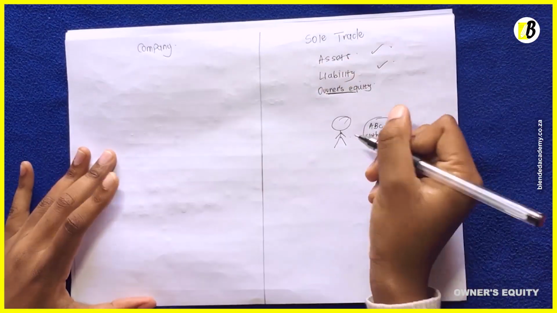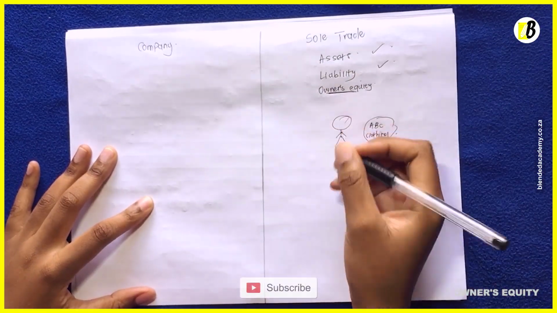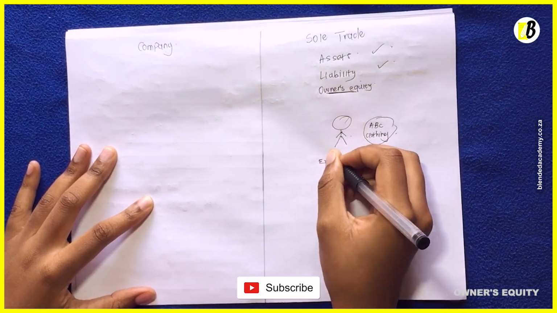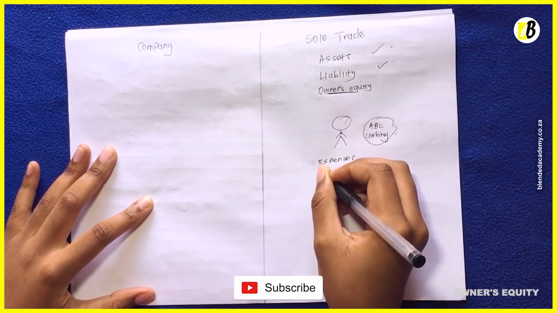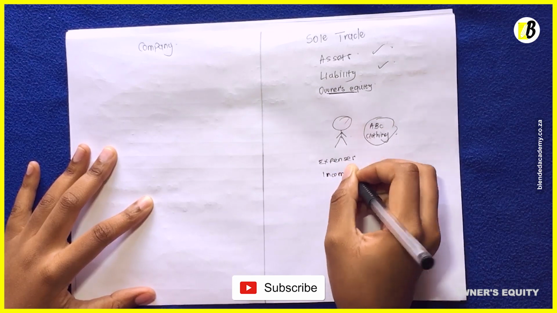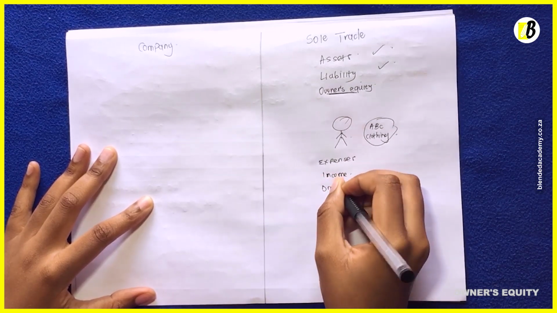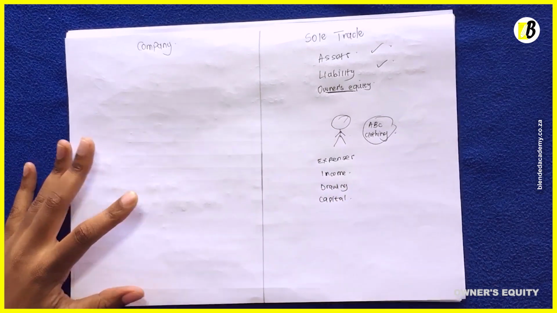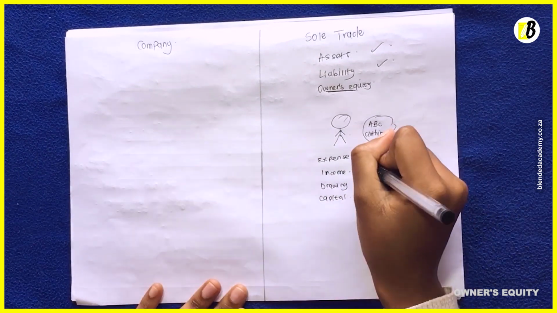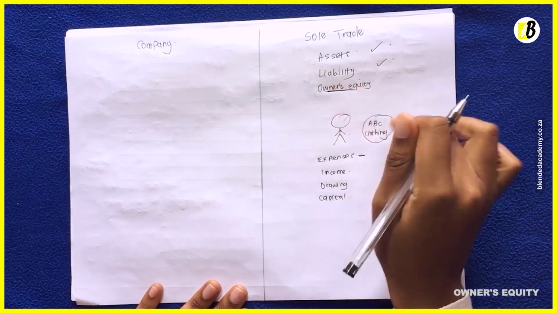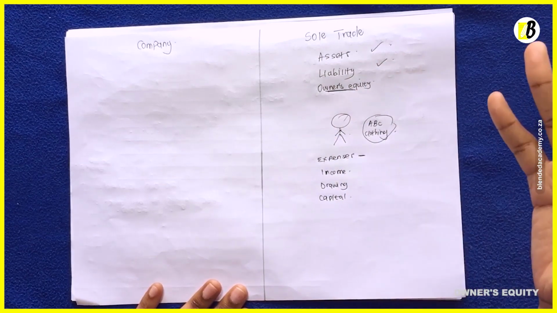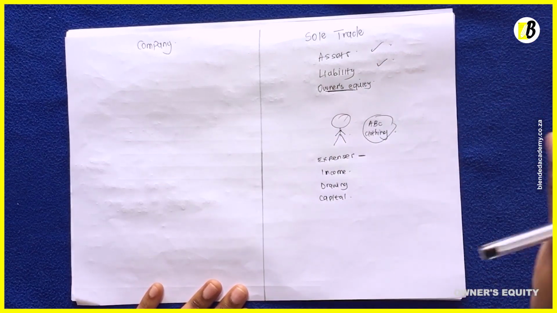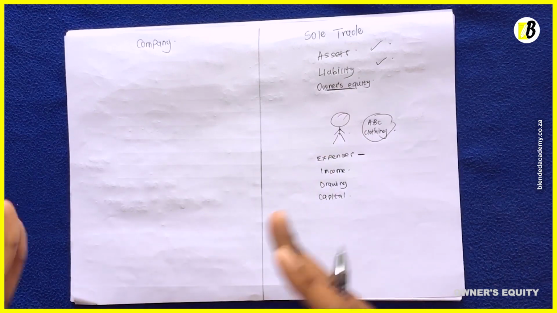For a sole trader, we're saying that a sole trader has got expenses. They also have income, there's what we call drawings, and there's also what we call capital. Expenses is what the business or the sole trader has incurred, what has to be deducted from their income.